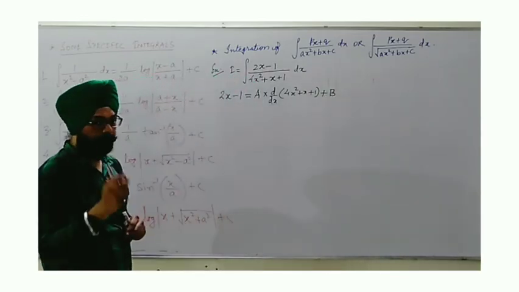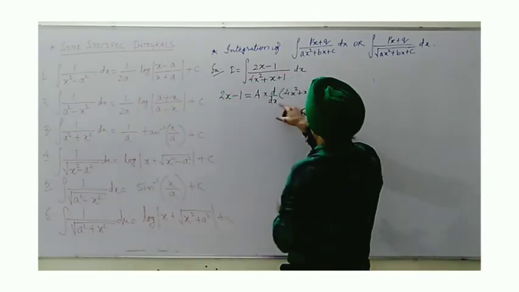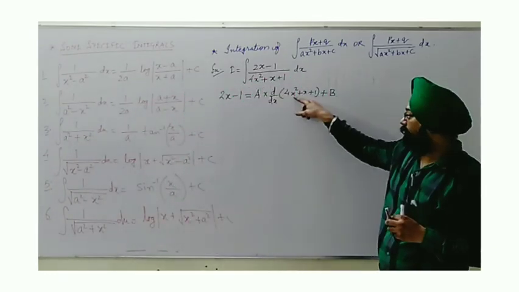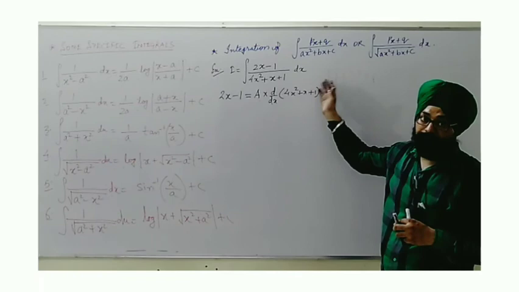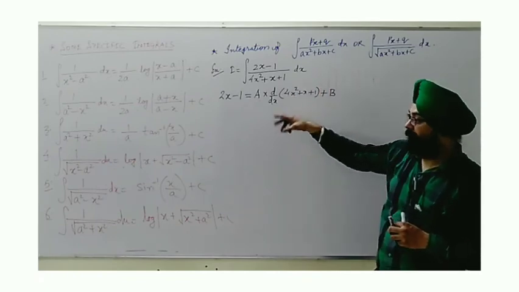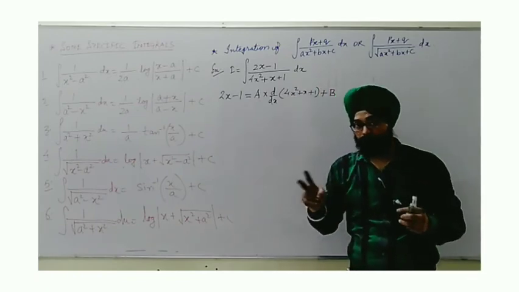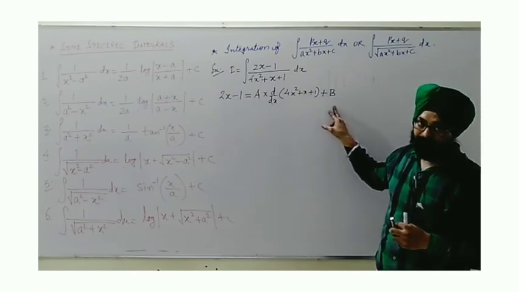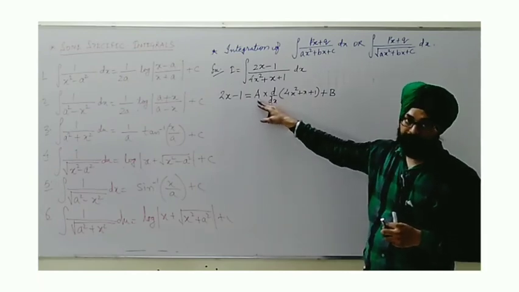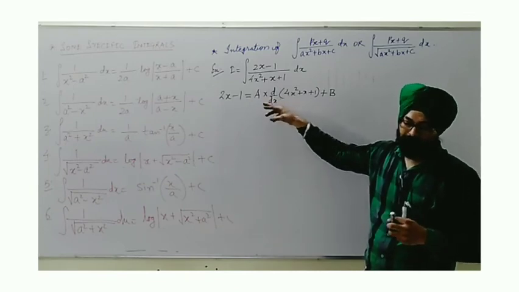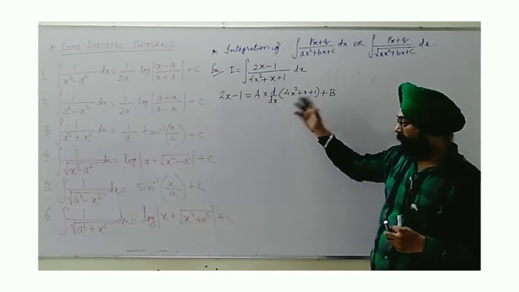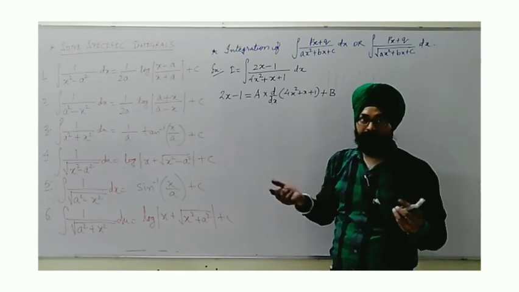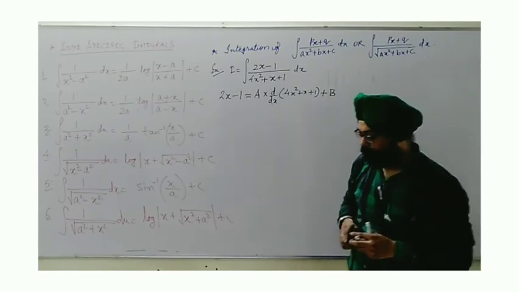Here I have taken two terms. Why? As we know, when we differentiate a quadratic polynomial, the degree becomes 1. It is reduced to a linear polynomial, and in standard form a linear polynomial has two terms. One will be of x, the other will be a constant. So this way I have taken two terms. Actually we don't know what these coefficients a and b are, so that's what we have to obtain. Only a and b we will obtain. Let's see further. You will understand.